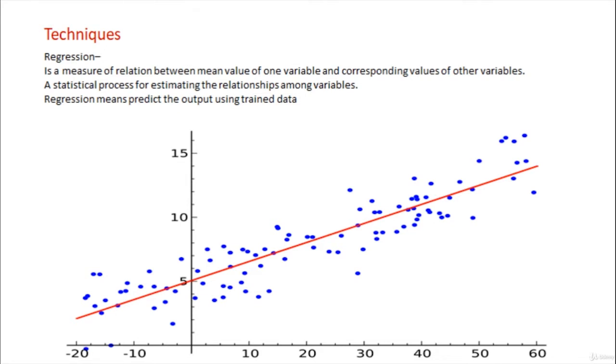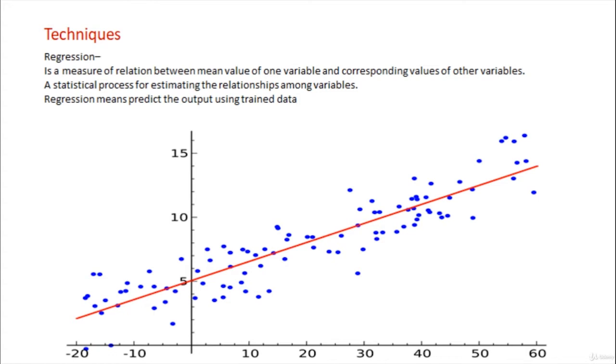Suppose there are two variables, a dependent and an independent variable, on the x and y axis. The regression technique is used to estimate the relationship between these two variables. When it predicts the relationship between them, it predicts the output using the data which has been trained.